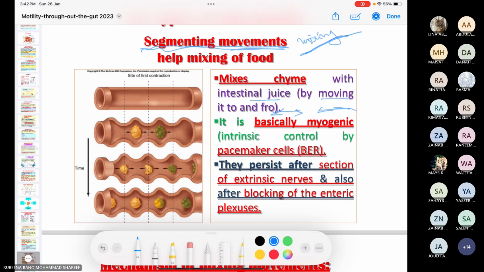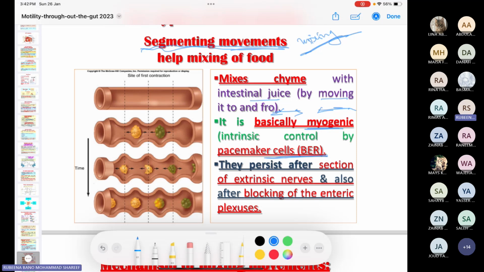It is basically myogenic, which means it is controlled by the pacemaker cells. Pacemaker cells are the interstitial cells of Cajal.